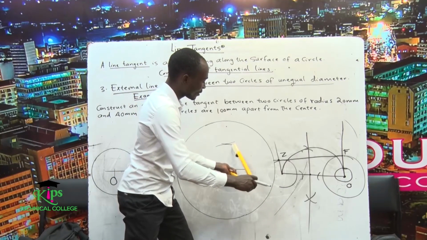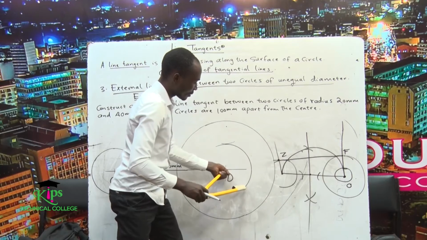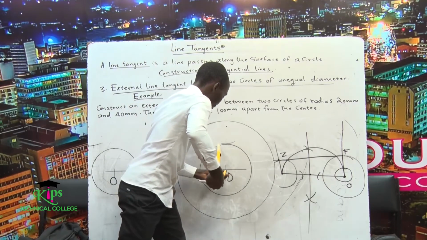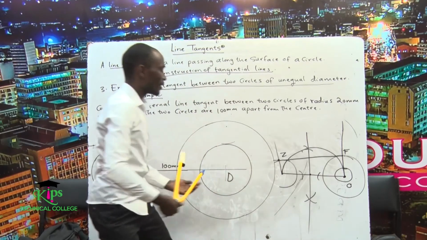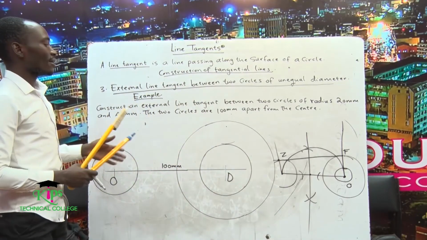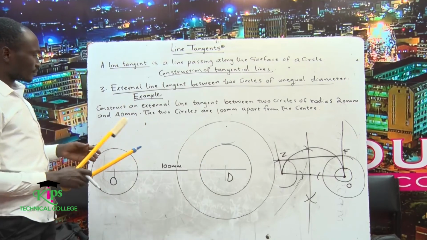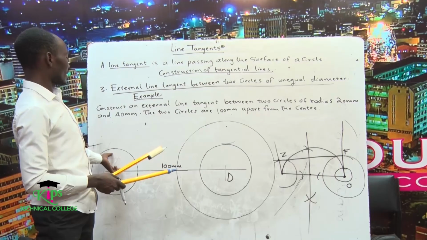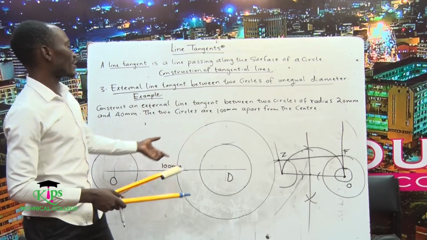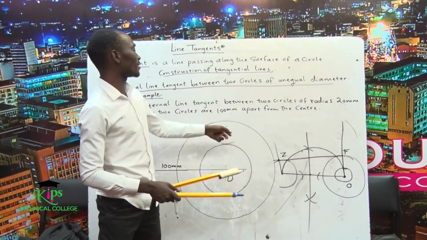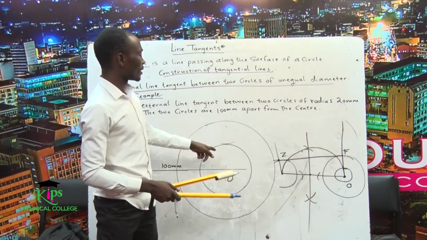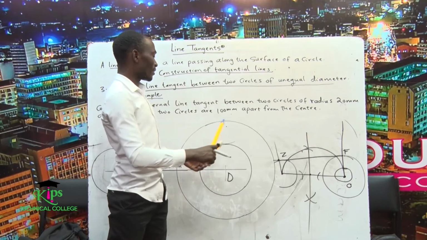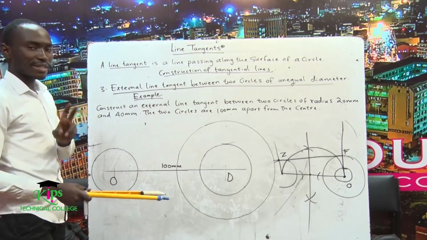Now I will draw another circle like that. You can see that I've used the radius of this circle, and I've transferred it to this other circle. Then from there, I've stood at the center of this bigger circle, then drawn a circle.